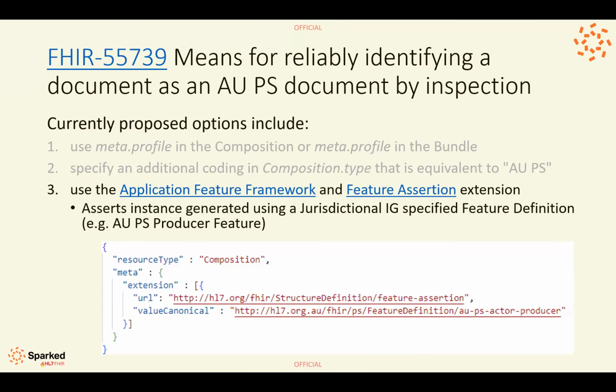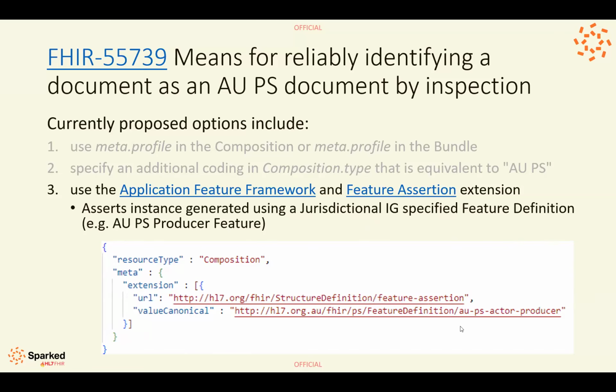And for those that are new to the application feature framework, it is a new IG that is still in draft with an additional feature assertion that would appear on the composition meta element that is effectively indicating that this IPS was generated using the AU PS IG as a feature.